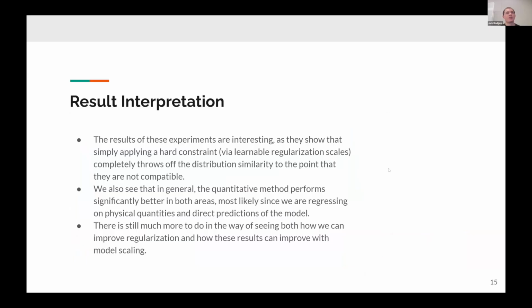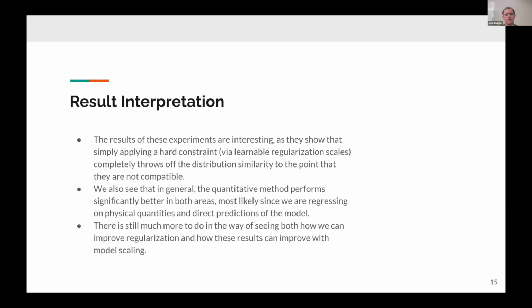Can we reduce this trade-off? Probably with hyperparameter tuning, so rho, and can we improve this regularization via model scaling? Does our model scale well to get better predictions? That's another question we have.